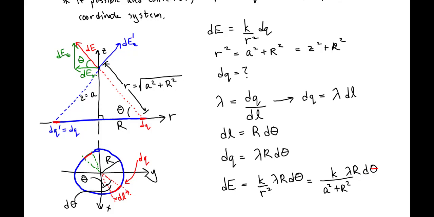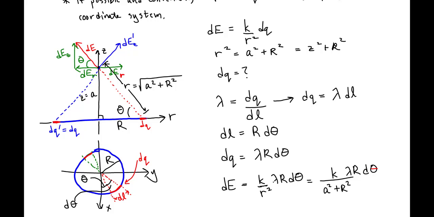Looking at our diagram now, that mirror charge element's radial component is going to offset, it's going to counter the radial component of our original charge element's electric field because of symmetry. That mirror symmetry about the z-axis, for every charge element, there is another charge element on the opposite side of the origin, such that the radial component of the electric field vector will cancel out.